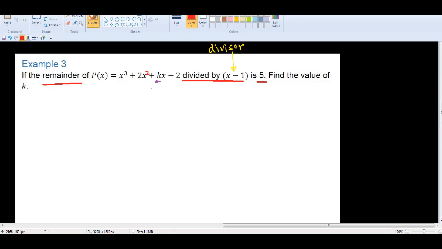How could we do that? We could still use our remainder theorem. So consider the divisor equals 0. When the divisor equals 0, that means x equals 1.